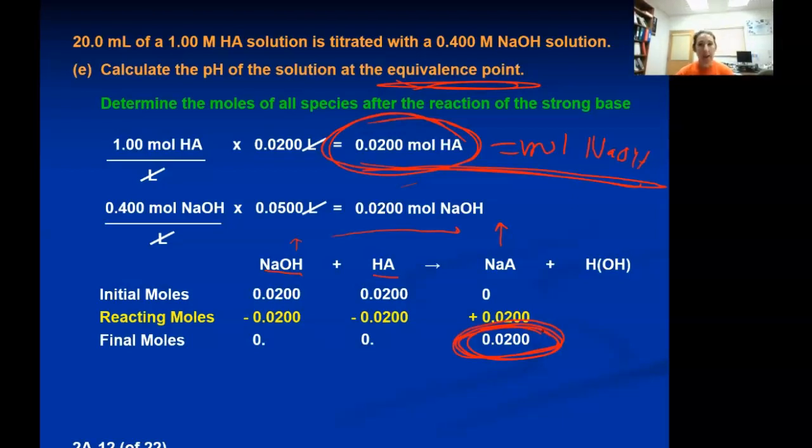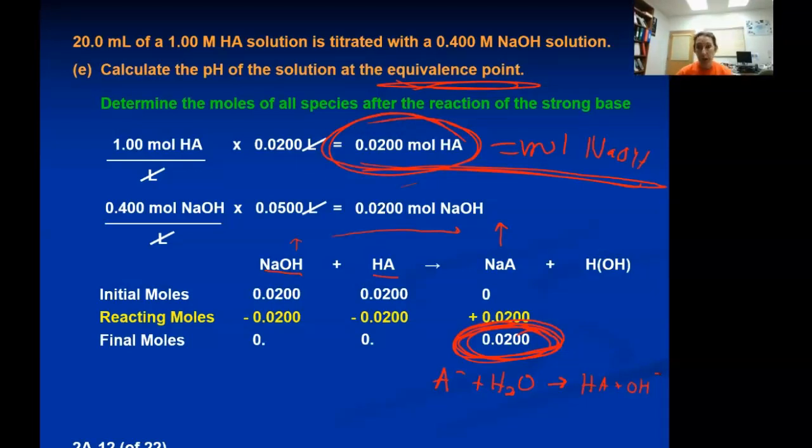So this is going to be a weak base equilibrium problem. This base is all that's left, so it's going to react with water. That's what's going to happen to our A- when we put it in our water.